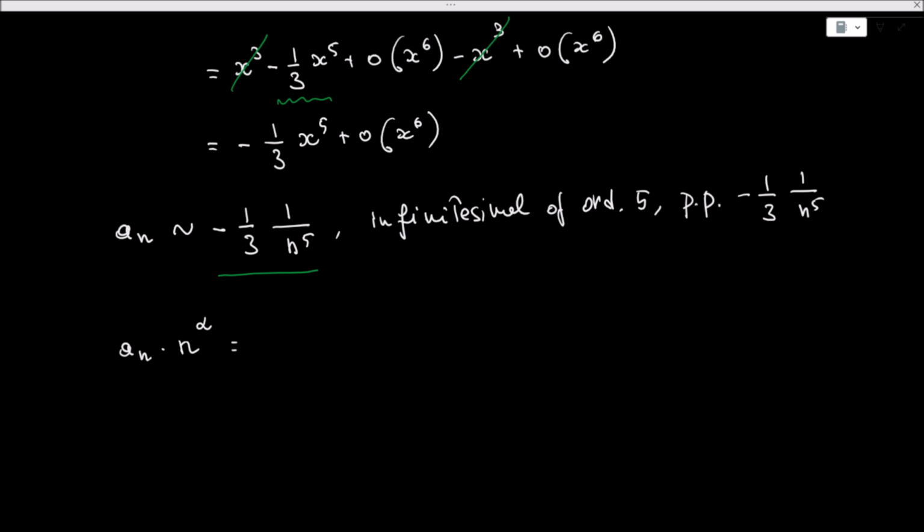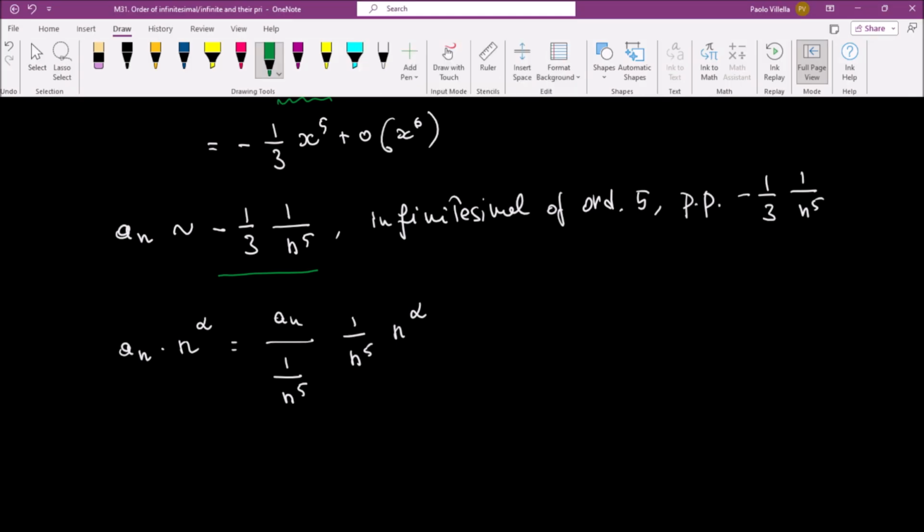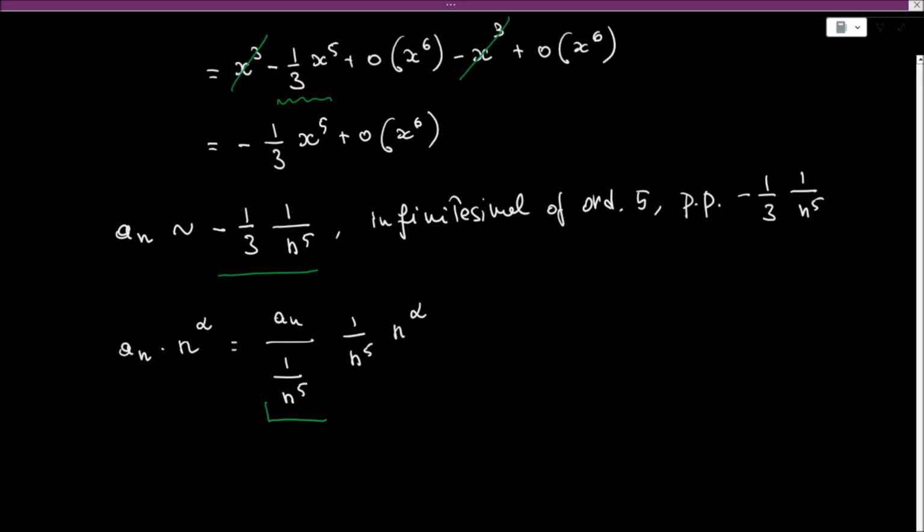Well, we can write an divided by 1 over n to the fifth, times 1 over n to the fifth times n to the alpha. I've just divided and multiplied by 1 over n to the fifth. But now, because of what we said, that an is equivalent to minus 1/3 n to the fifth, we know that this will tend to minus 1.